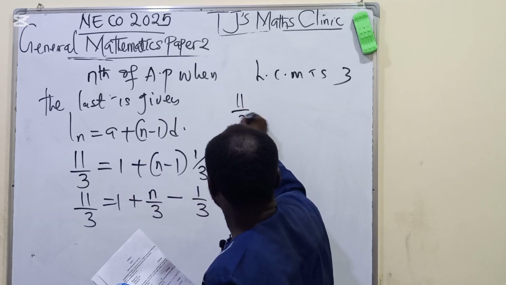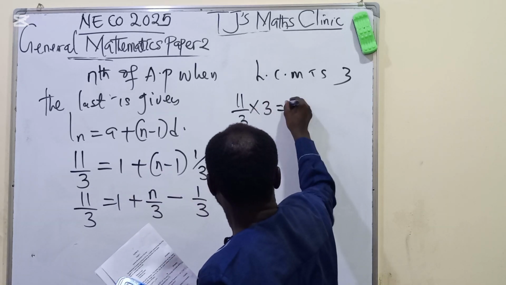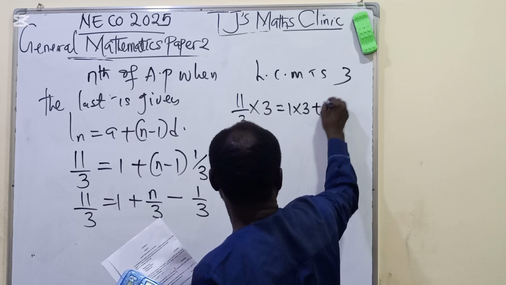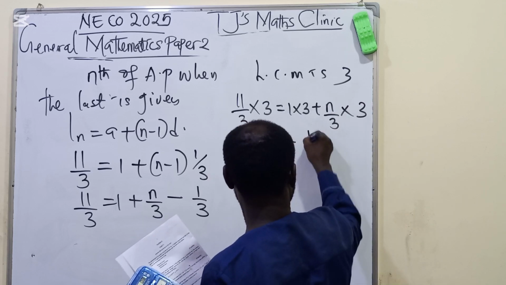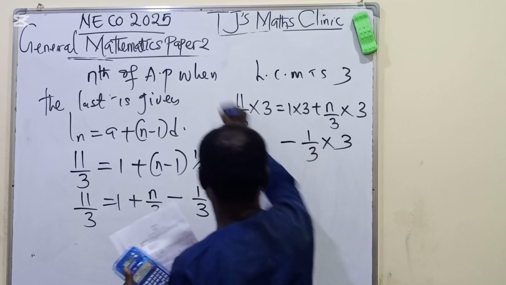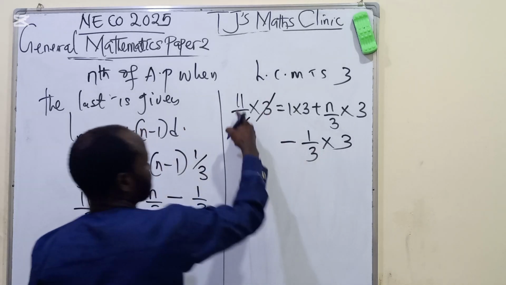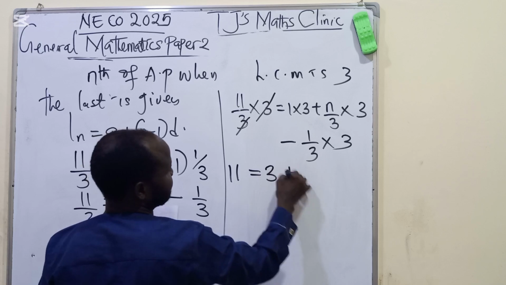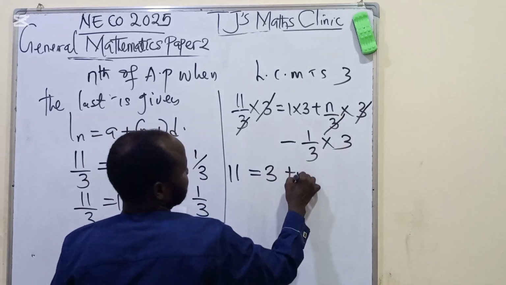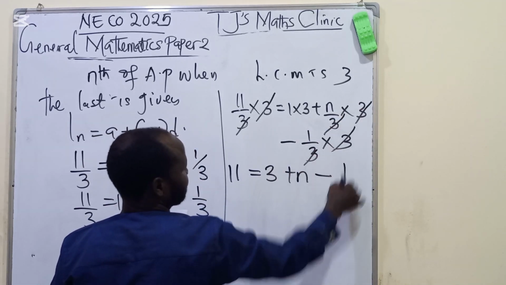That will be 11 out of 3 times 3 equals 1 times 3 plus n out of 3 times 3 minus 1 out of 3 times 3. So we are left with 11 equals 3 plus n minus 1.